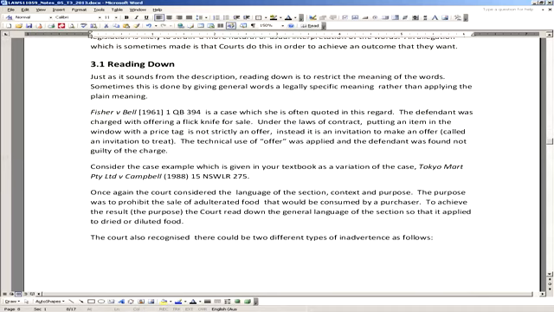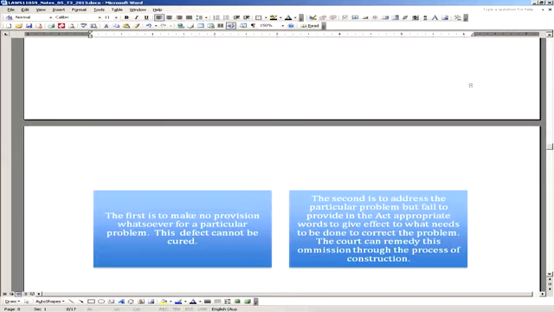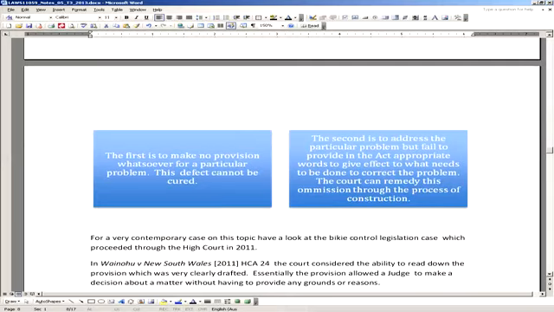He's focusing on the act in question and the meaning of the words. And they give a number of examples here. That's an English Queen's Bench Division case, a New South Wales Law Reports case, of this concept of reading down.